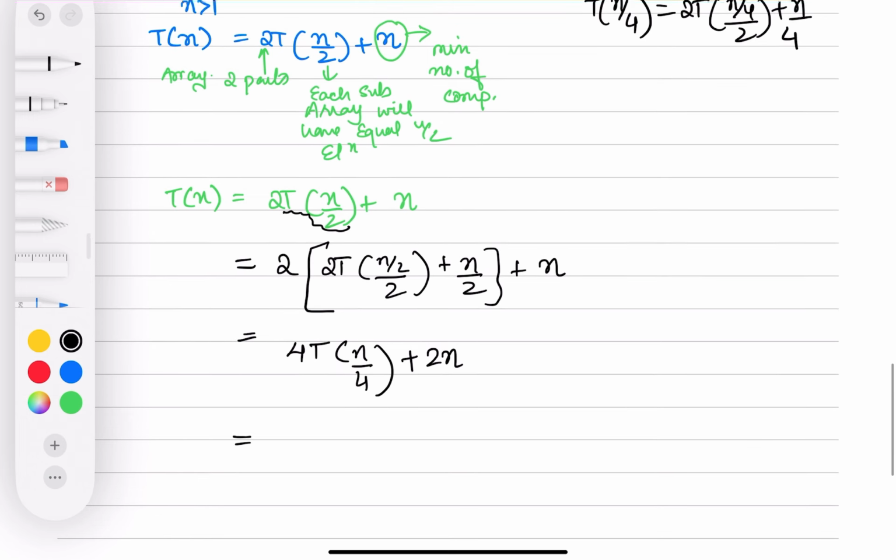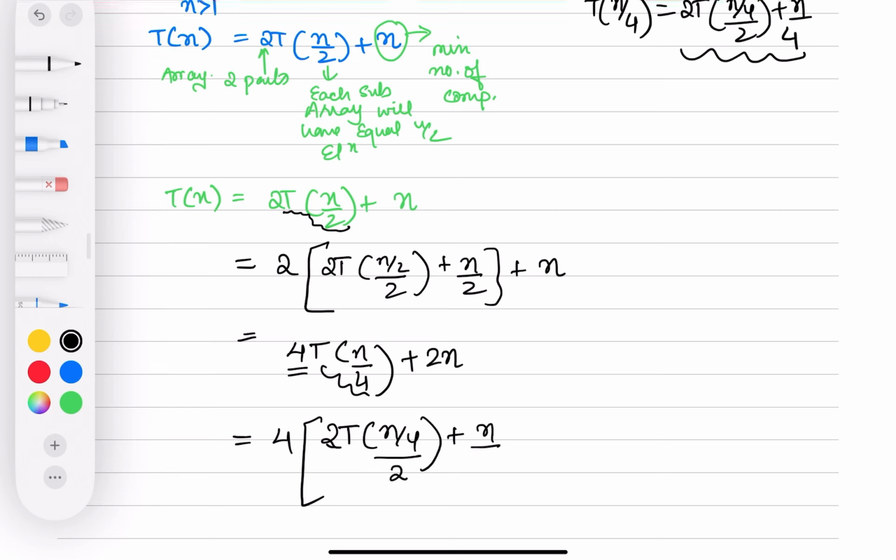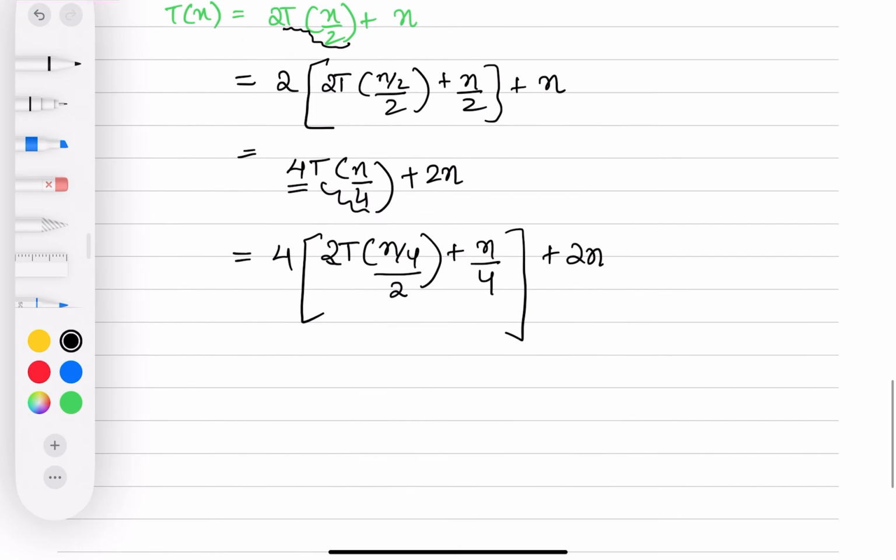So 4 will remain 4. T(n/4) is nothing but this: 4 times [2T(n/4 by 2) plus n by 4] plus 2n. So what you get here: 2 times 4 is 8, T(n by 8), plus n by 4 multiplied by 4 is n, plus 2n is 3n.